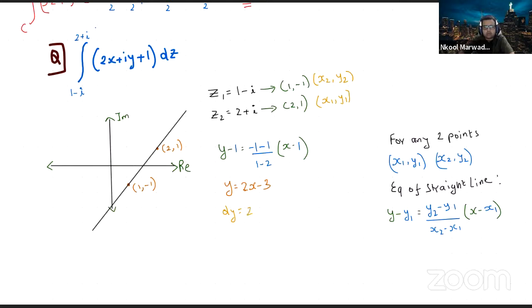And one more important observation we have to make. If I talk about x, x1 to x2, x is varying from 1 to 2.